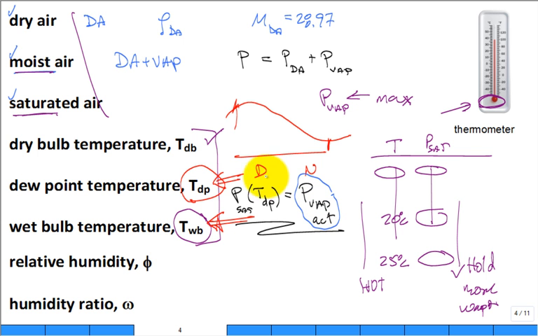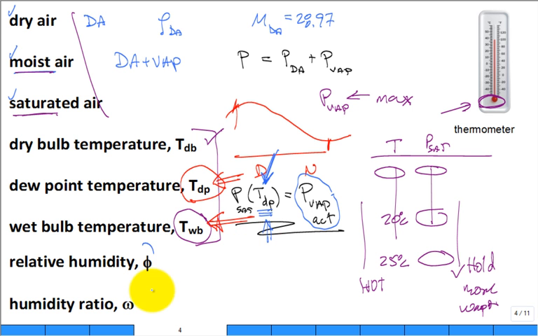Then conceptually, you lower the temperature until it hits a particular temperature called the dew point temperature, where the saturation pressure matches the room vapor pressure. There you go. You have to work with it in your own mind.